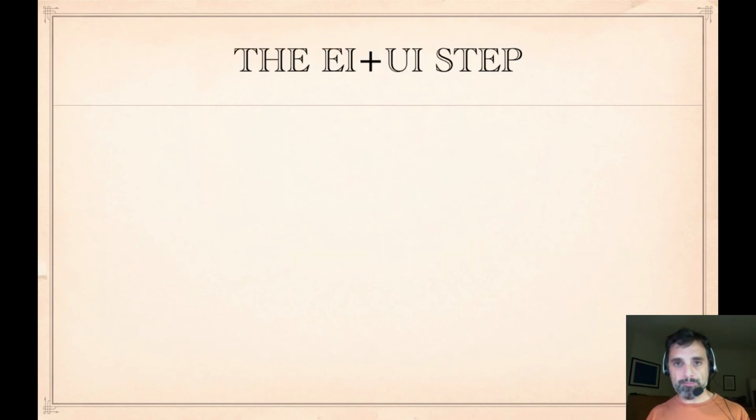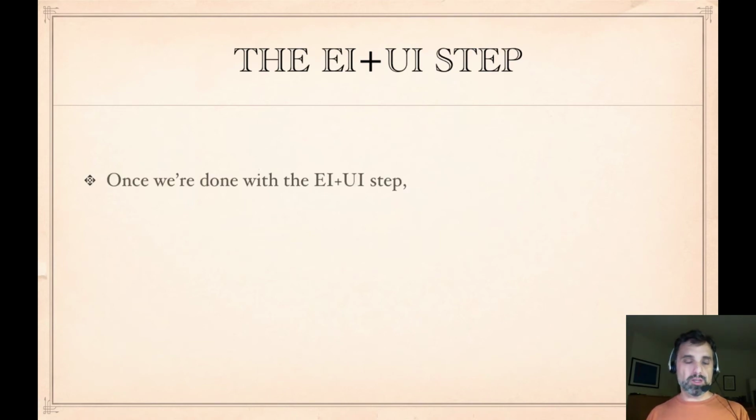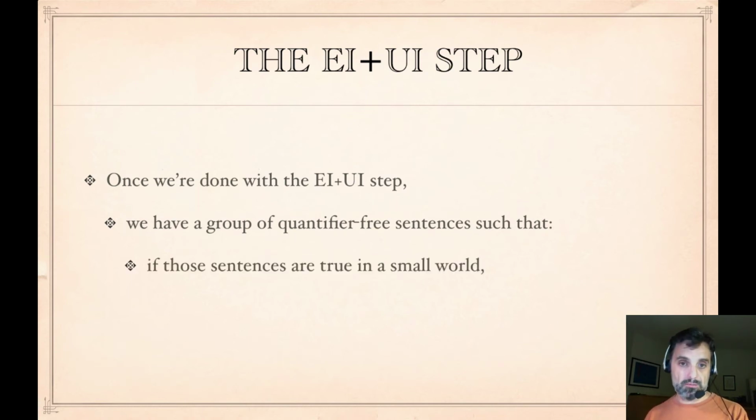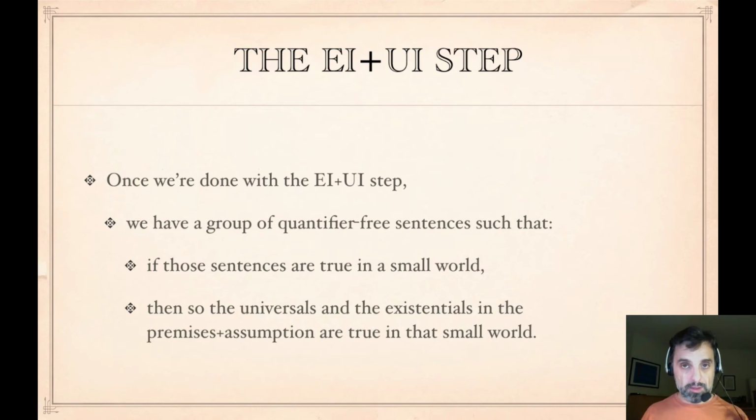So once we're done with both EI and UI, we instantiate each of the existential quantifiers once to a new variable, and then we instantiate each of the universal quantifiers to each of those variables and any names. Then we're going to get a group of quantifier-free sentences. If they're all true in a small world, then the universals and the existentials that we started off with are also true in that small world.